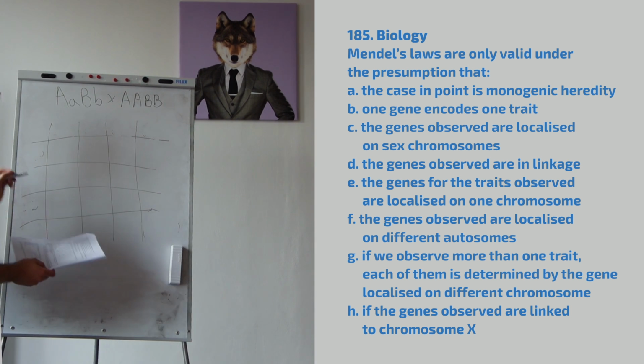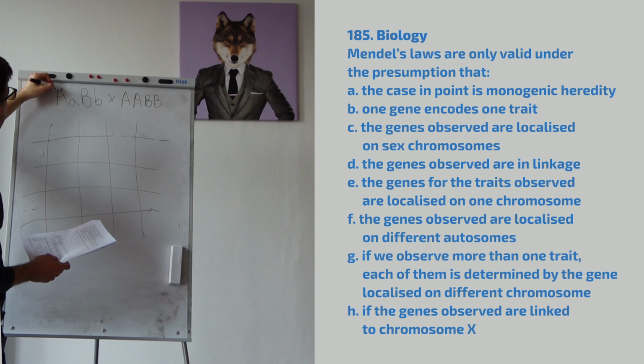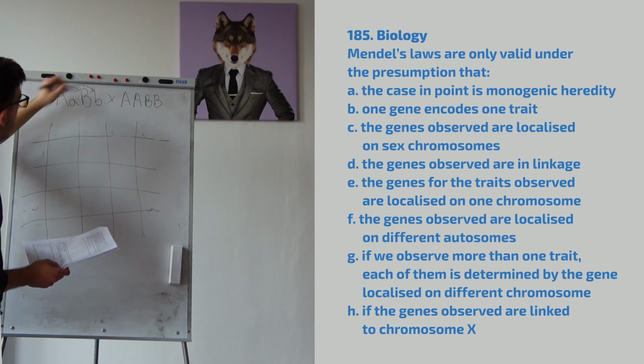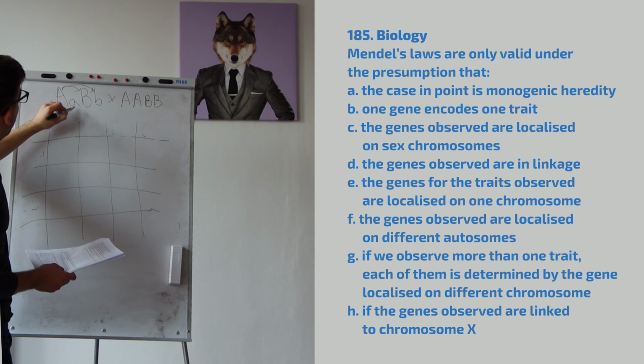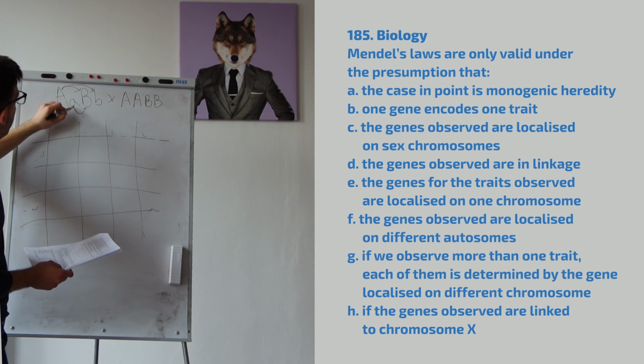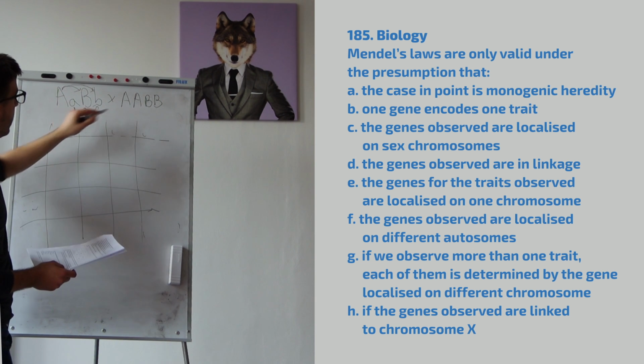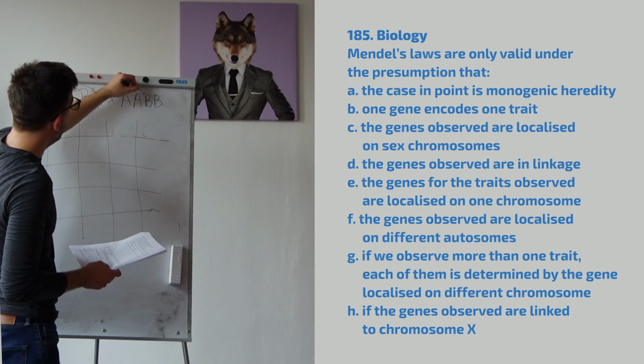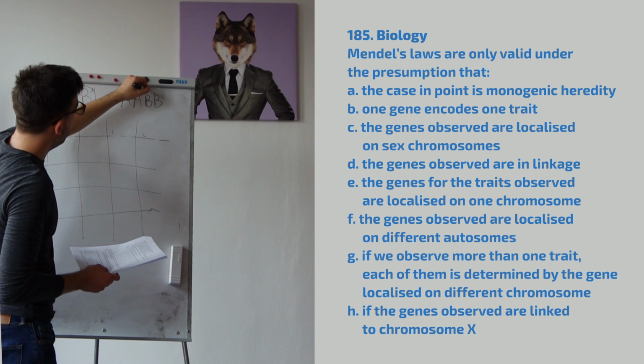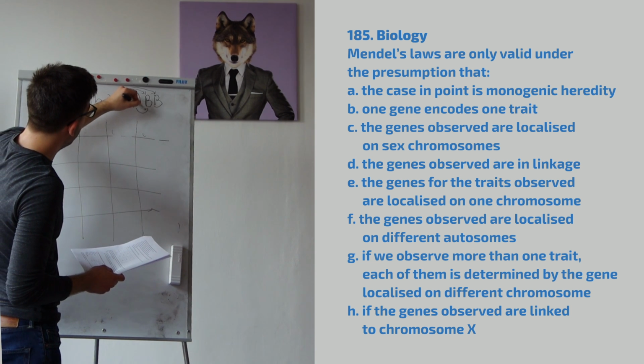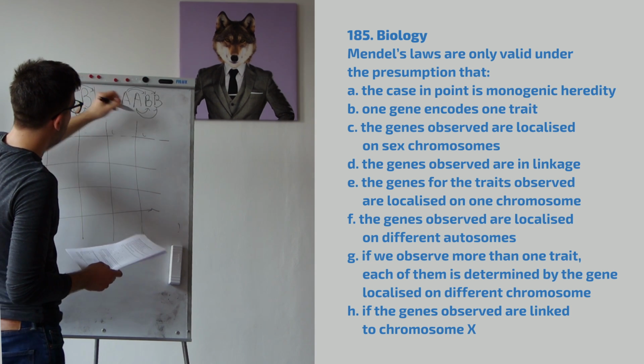Now we do the same thing as before. We take this A, combine it with this B, and with the other B. And with the other gamete, we do the same thing. Little a with a big B, little a with a little b. Then same on this side. Big A, big B, big A, big B, big A, big B, big A, big B.